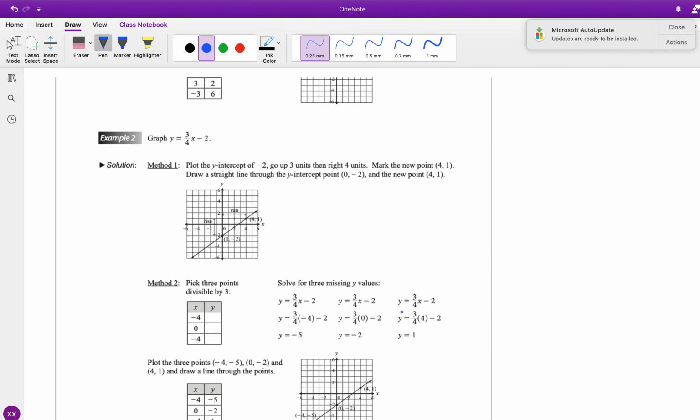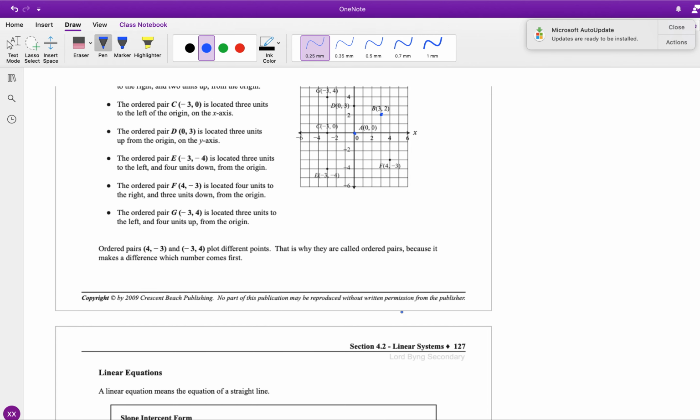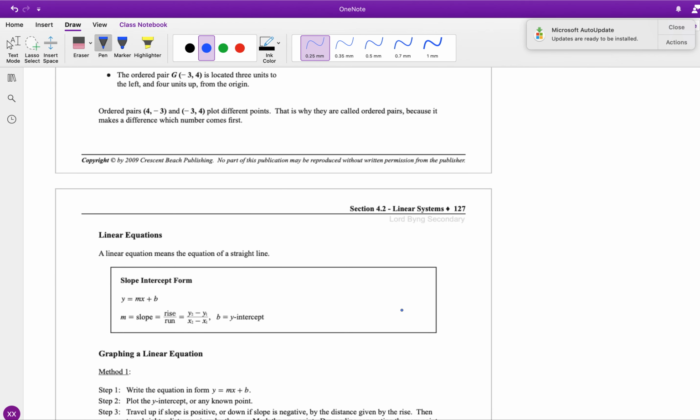Now, because we have the Cartesian plane, that means now we're trying to figure out the relationship between x and y. Now, a linear equation. What does that mean? It's not just x plus 3 equals 5.